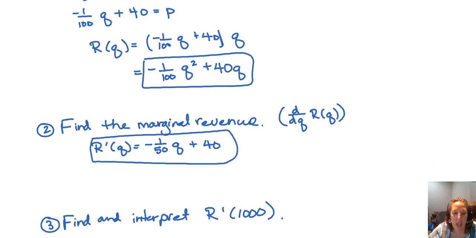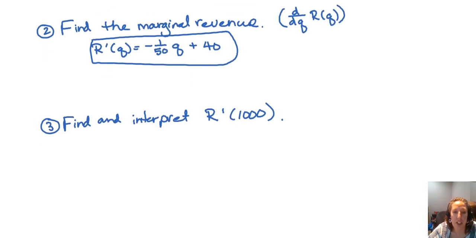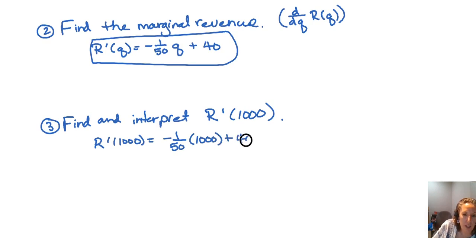And then the next part wants us to find and interpret R prime of 1,000. That means we're going to plug in 1,000 into our function: negative 1 over 50 times 1,000 plus 40 gives us 20.